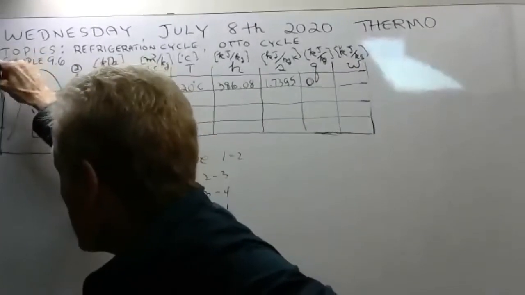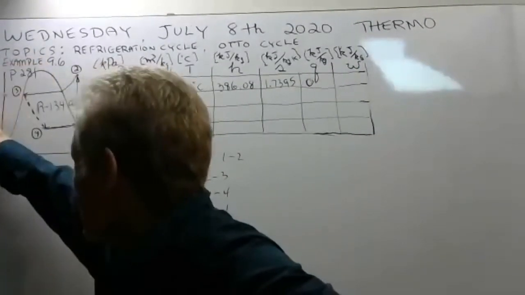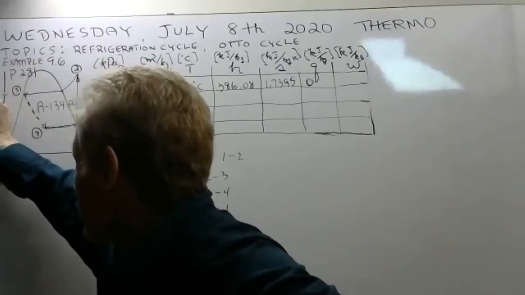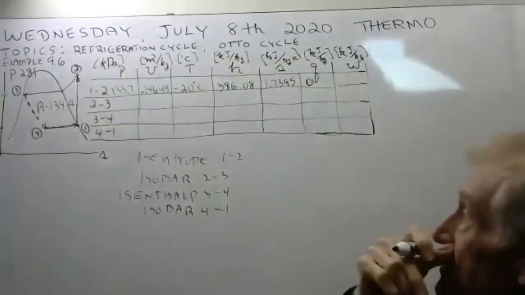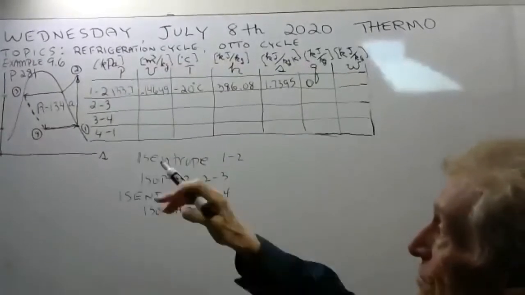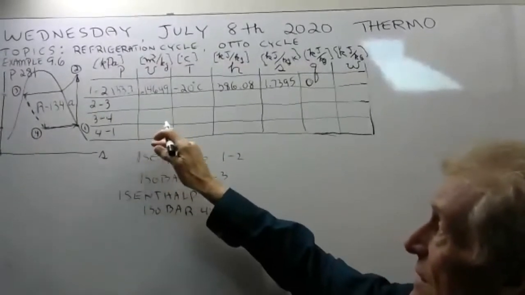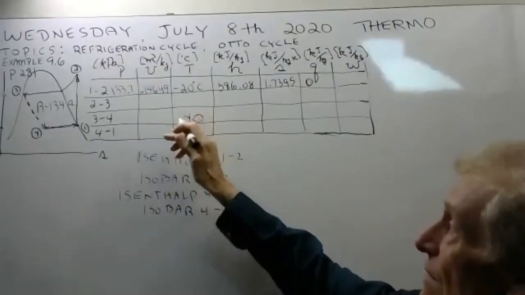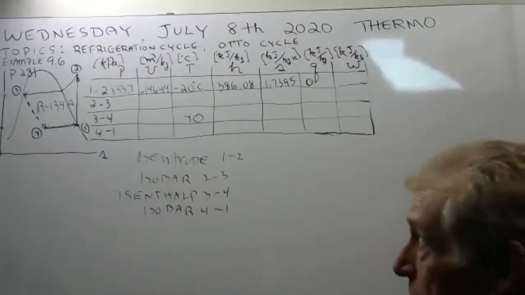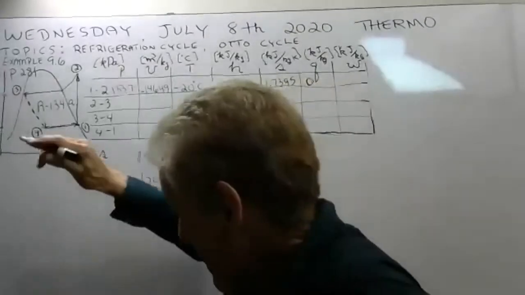That's 40 °C. So state 3 is 40. Let's put it in here.